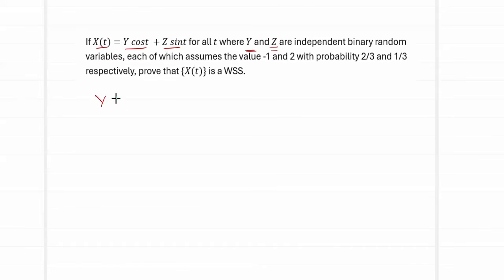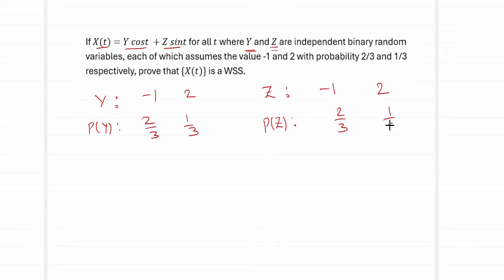Y assumes the value -1 and 2 with probability 2/3 and 1/3. And also Z assumes the value -1 and 2 with probability 2/3 and 1/3. So Y and Z are discrete random variables.